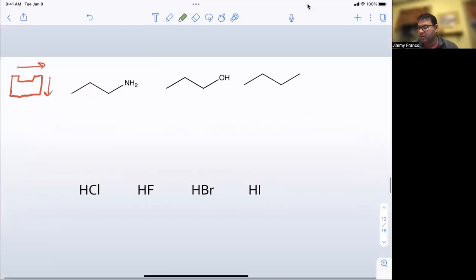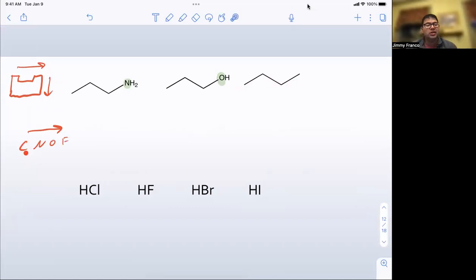Let me just do a cheat sheet over here: carbon, nitrogen, oxygen, fluorine. We're getting more acidic as we go this way. So nitrogen is going to be the acidic one, so let me highlight that. Same thing with oxygen. And then these are all carbons. As we go through, carbons are the least acidic, then nitrogen, then oxygen. So here's my oxygen.